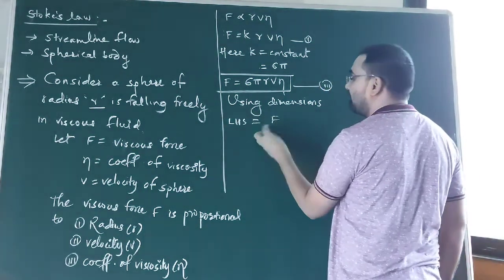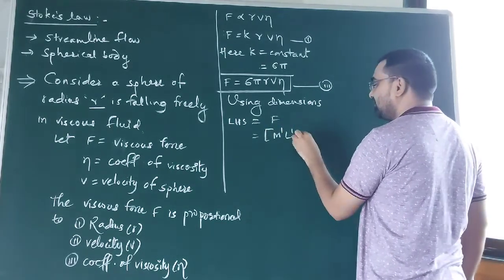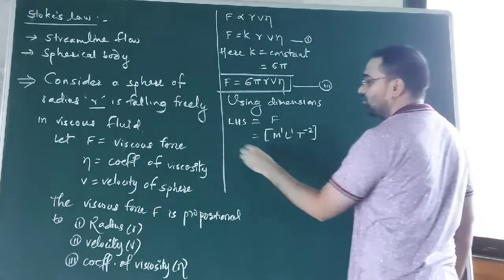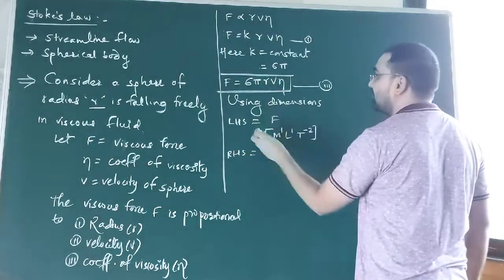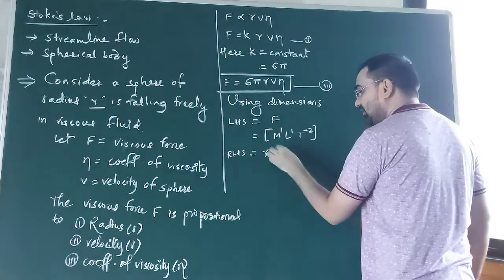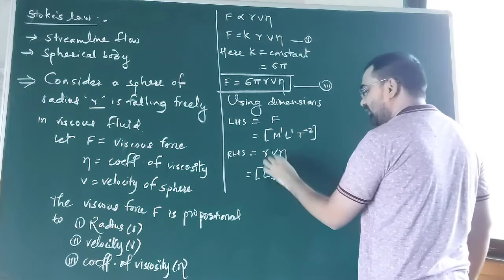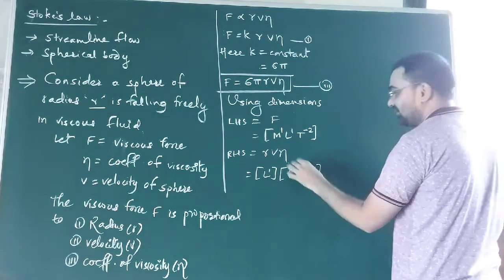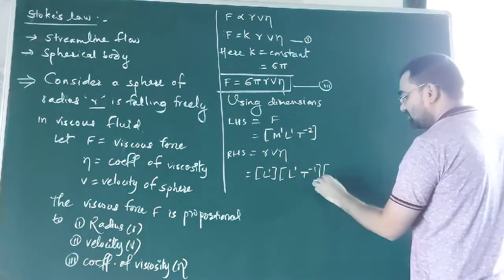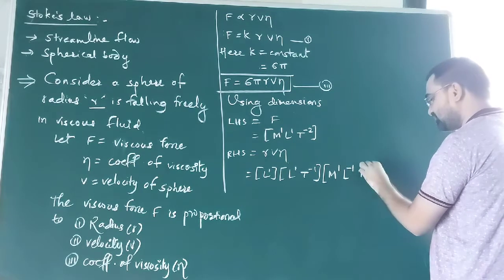Dimension of force is M1 L1 T minus 2. Now RHS has several quantities except 6 pi. We will write r, v and eta. r means radius, that is L1. Velocity is L1 T minus 1 and coefficient of viscosity is M1 L minus 1 T minus 1.